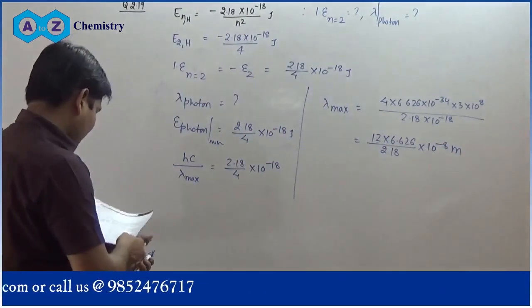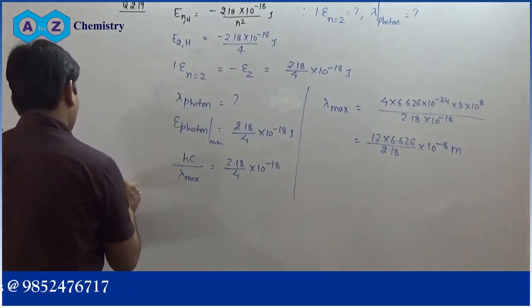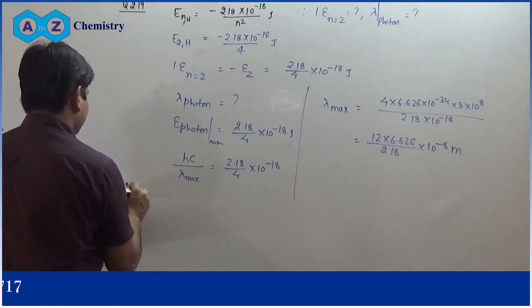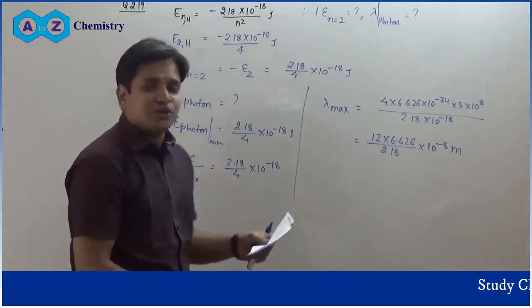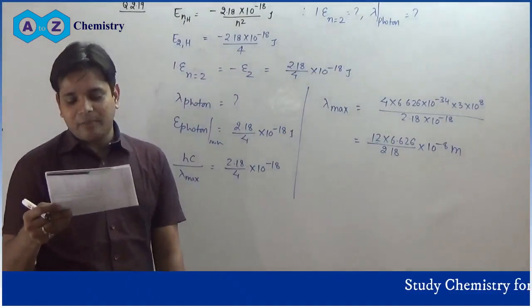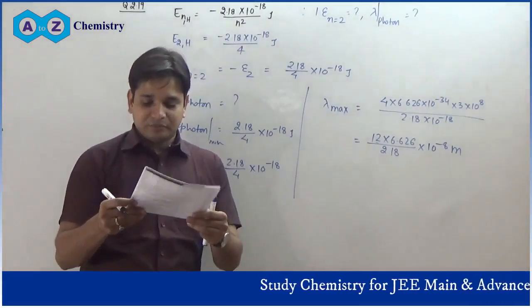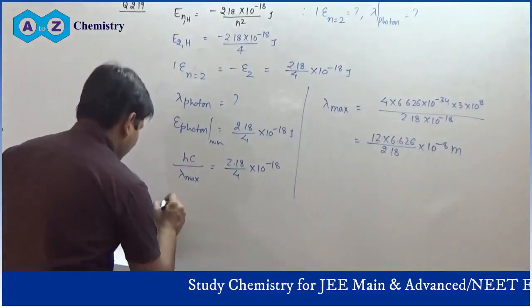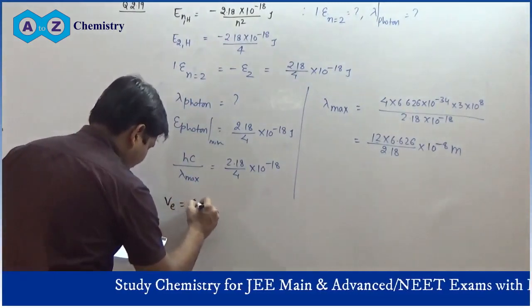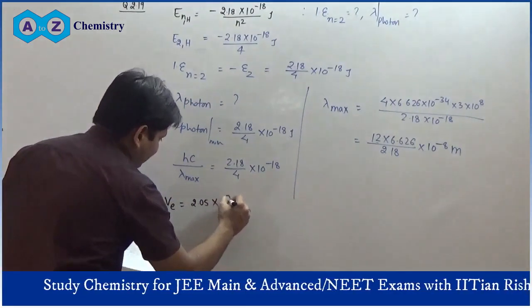This is 2.19. Now we will have question number 2.20. The question is: calculate the wavelength of an electron moving with a velocity of 2.05 × 10^7 meter per second.